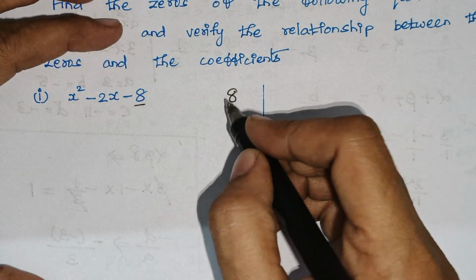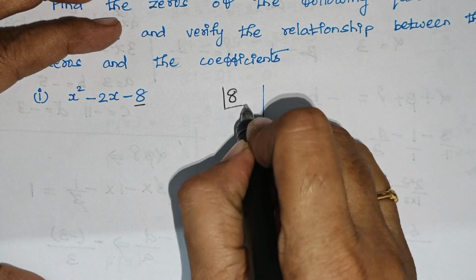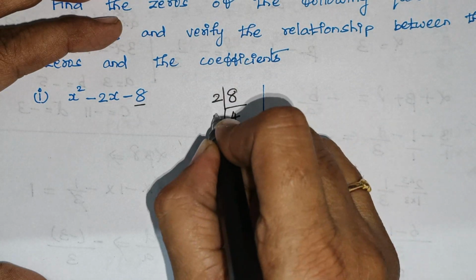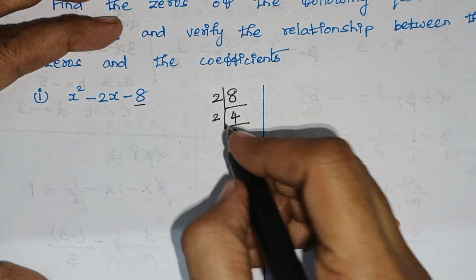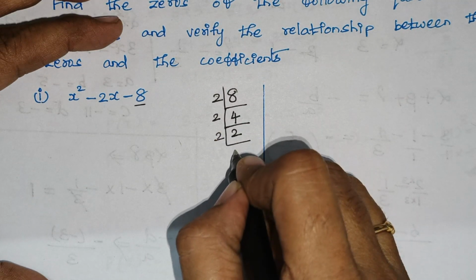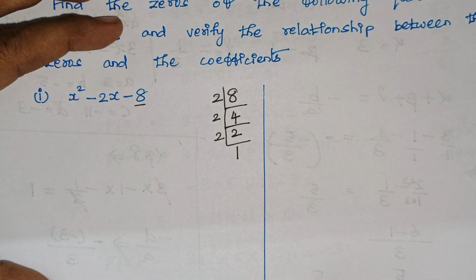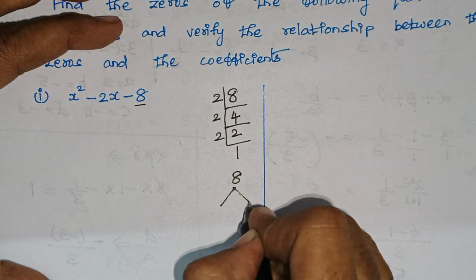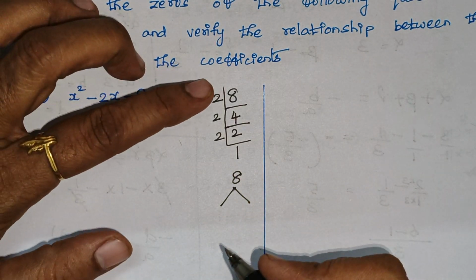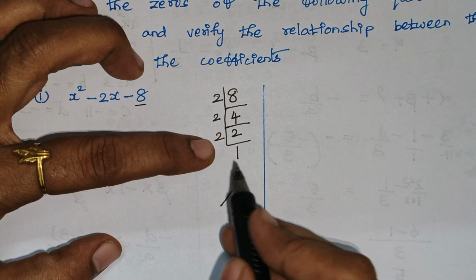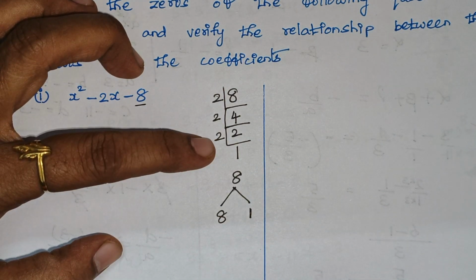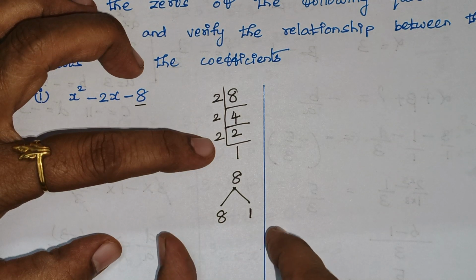You can solve like this. 4 2s are 8. Again when you divide by 2, 2 2s are 4. And again when you divide by 2, finally this will be equal to 1, right? So the 8 can be represented as 8 into 1. This is one way of writing.